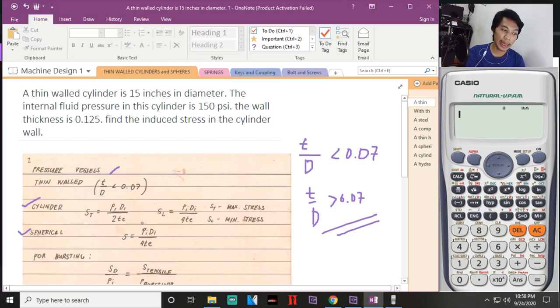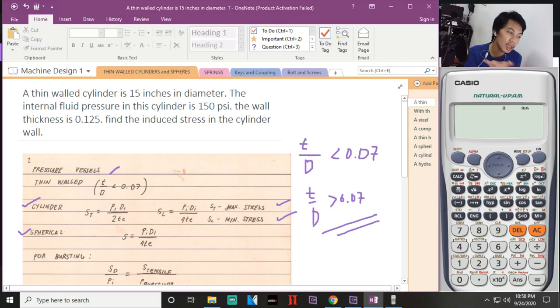Kasi yung area that is in effect is smaller than the longitudinal. Okay. So, tandaan mo, that is the maximum stress if that is tangential, and longitudinal, that is the minimum stress.